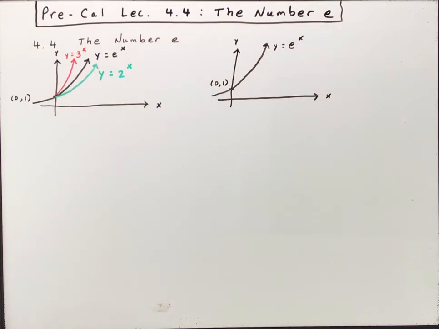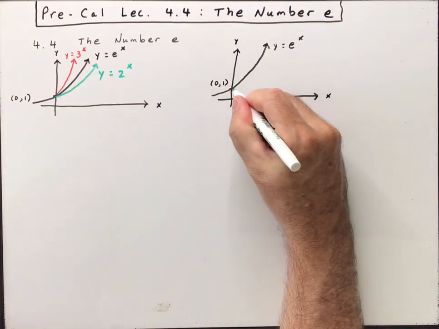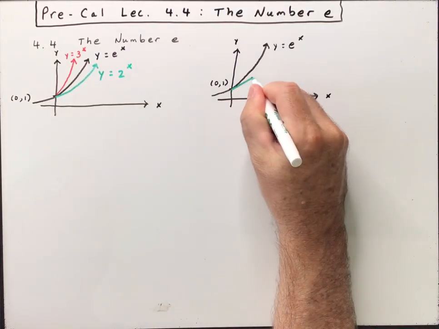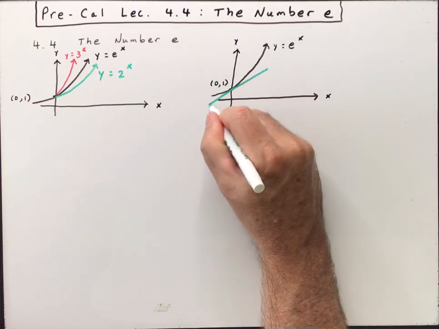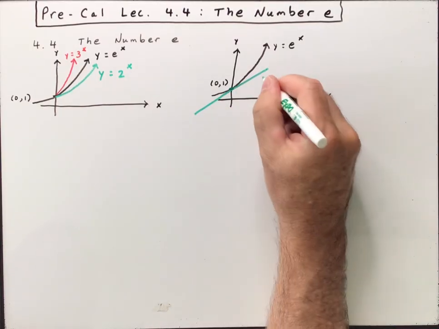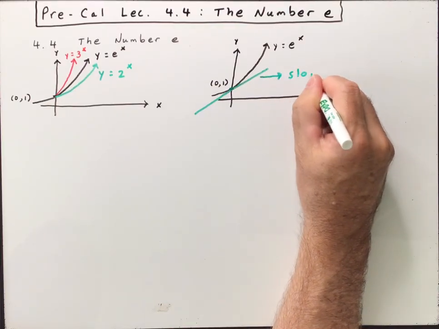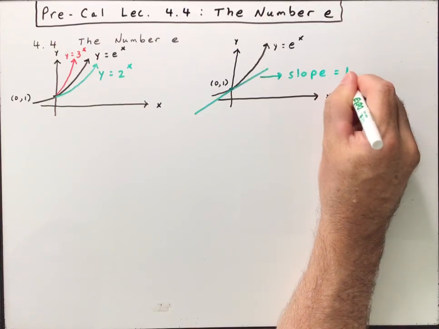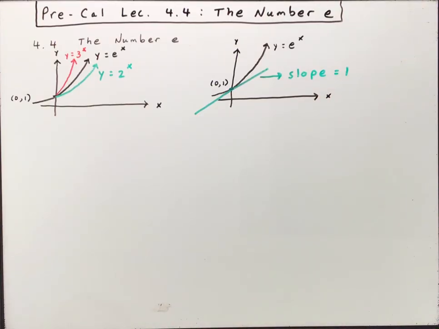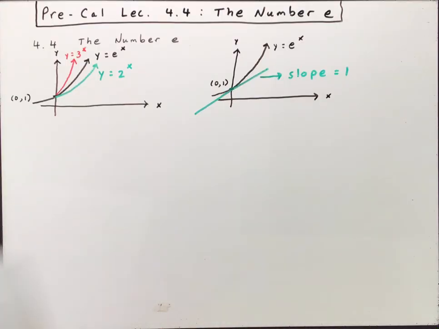And the thing that makes it special is right when it crosses the y-axis, the slope of the line right at that point is equal to 1. Okay, so that is the reason that mathematicians have singled out this number e.